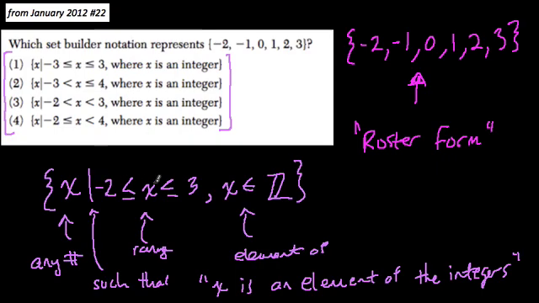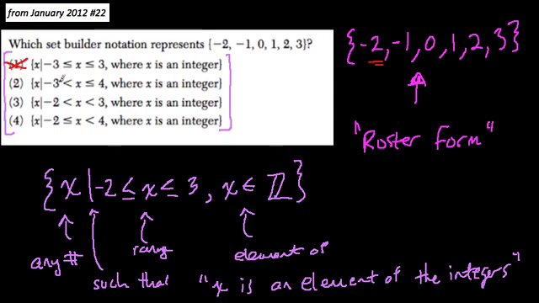Now, there are other ways of writing this, and we might not have the same answer as them, but this is just one way. So here, notice that choice 1 says x is bigger than or equal to -3, which you know right away can't be true because the lowest value in the set is -2. Bigger than or equal to -3 would also include -3, so that choice is out.